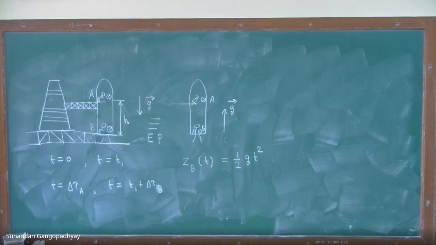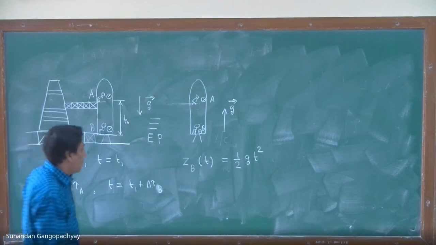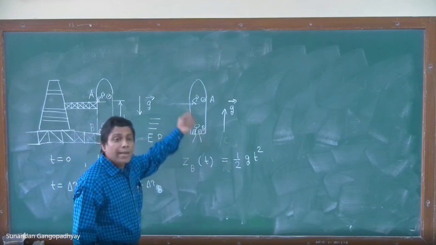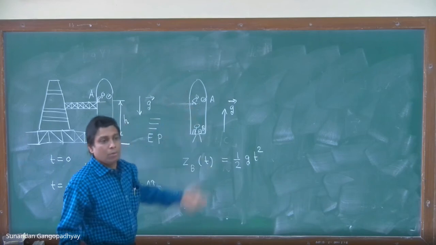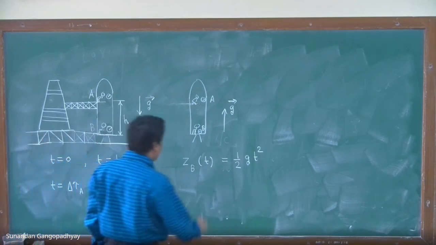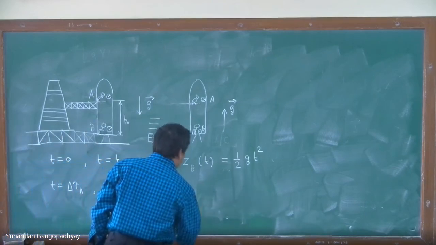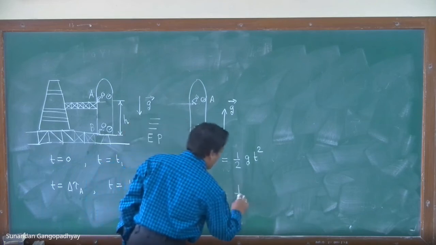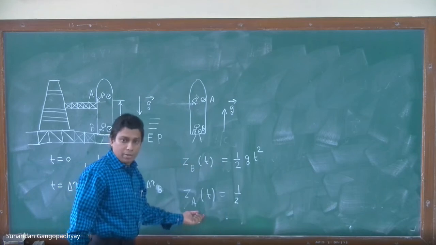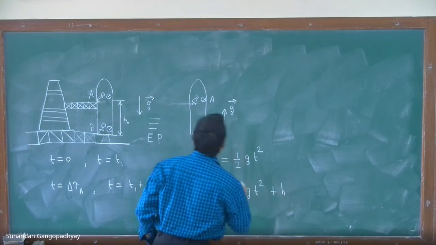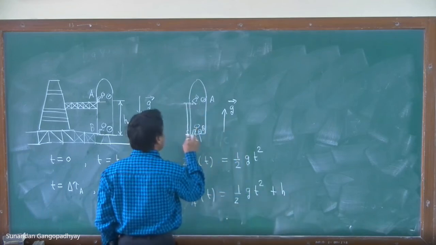So the rate at which he receives those signals will be more. This is what you expect without doing any calculation. Let's see what happens when we do it. What will be the coordinate z A of Alice after a time t? It will be half g t squared plus h, because the height difference is h.